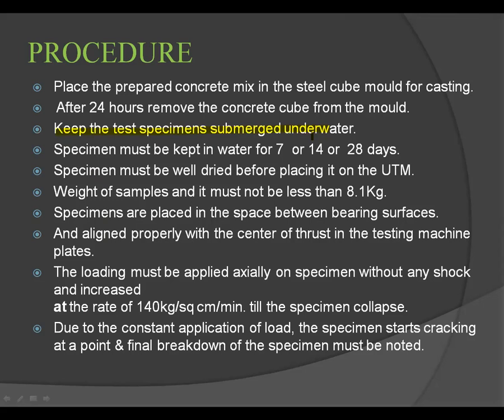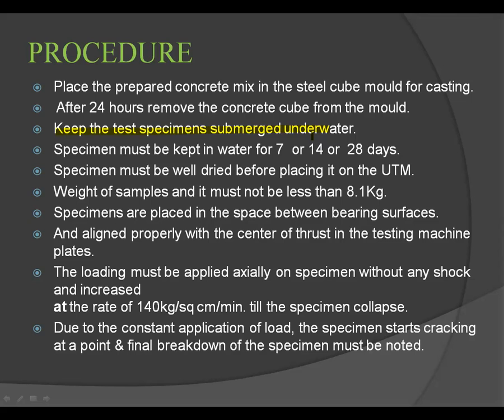Then the concrete specimen must be well dried before placing it on the UTM, the universal testing machine. The weight of the sample is noted before proceeding with testing, and it must not be less than 8.1 kg. The test specimen is placed in the space between the bearing surfaces, and care must be taken to prevent any loose material or grit on the metal plates of the machine or the specimen block.